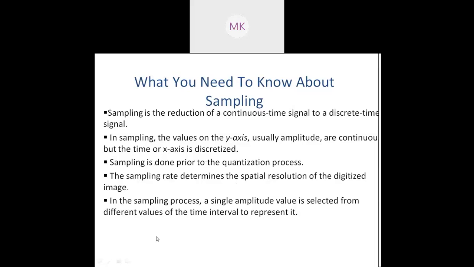Sampling is digitizing, that is converting the analog form of the image into digital form by assigning discrete values between 0 and 1 to the x-axis, and y remains as it is. Y is a continuous amplitude value. So this is how we represent the sampling.